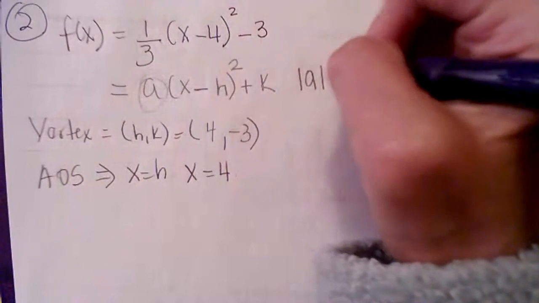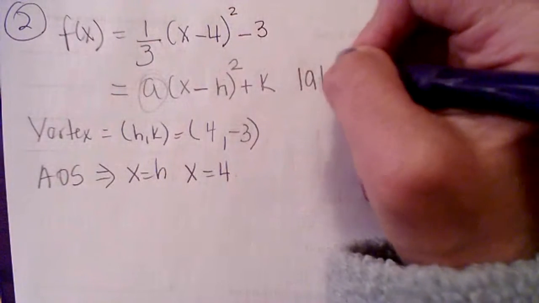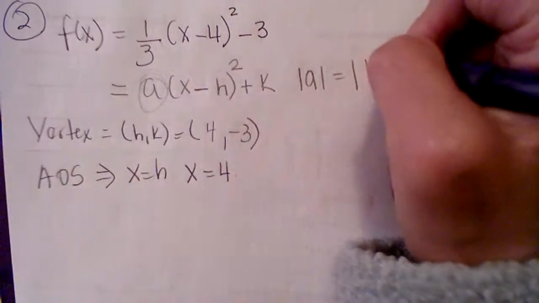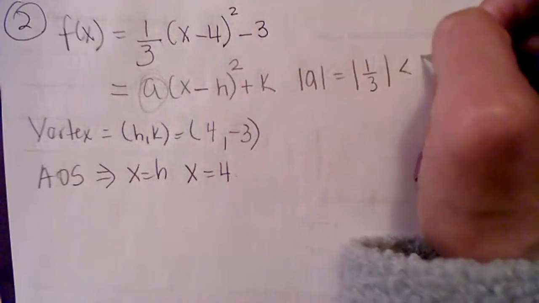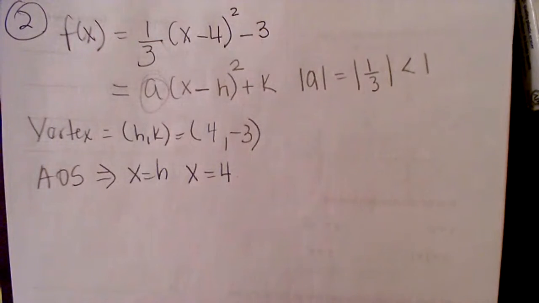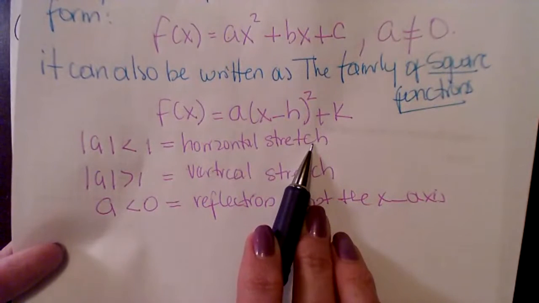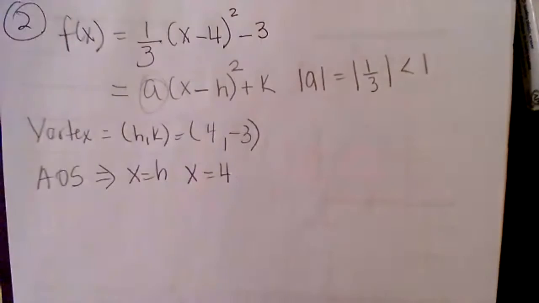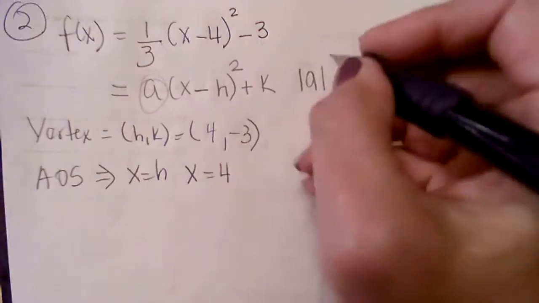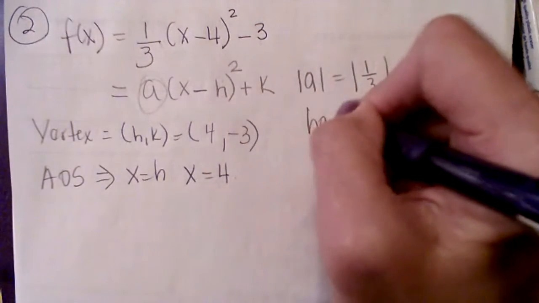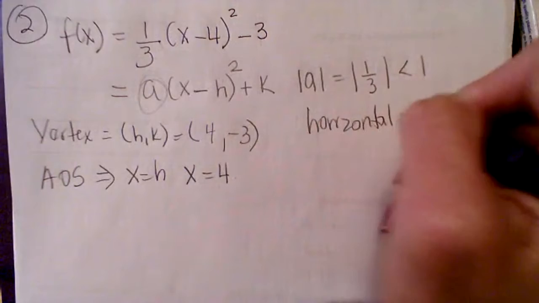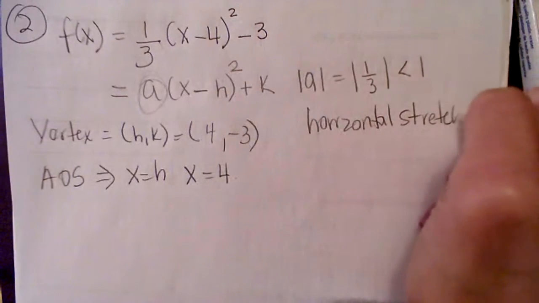Now, in this case, what do we have? 1/3, right? That's less than 1. And we said that when it was less than 1, it was going to be a horizontal stretch. So let me graph this.